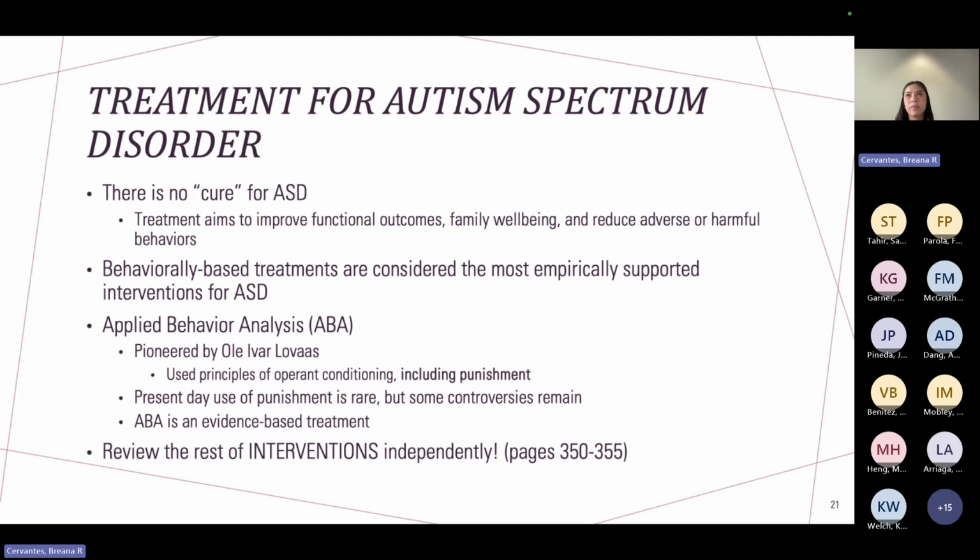If you're a child and your parents are taking care of you, it helps parenting, it helps just a lot of different aspects of well-being, and it reduces adverse or harmful behaviors. So an example of harmful behaviors is if the child gets dysregulated, and when they get really, really upset, they're head banging. That's really dangerous.